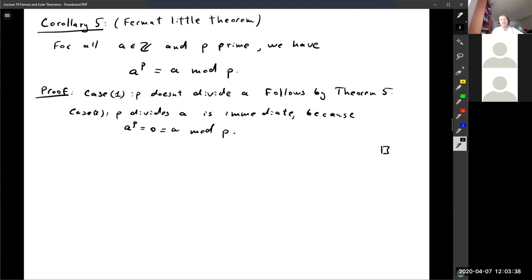Now there is a neat generalization of this method, and there is the so-called Euler's theorem. Before that, by the way, any questions so far? Okay, so what we just did, we described completely the case of Z_P when P is prime.